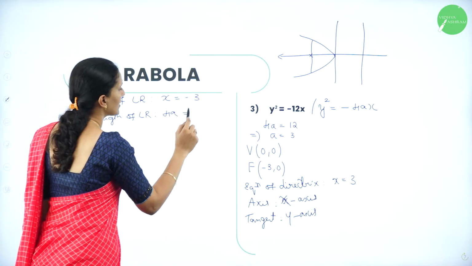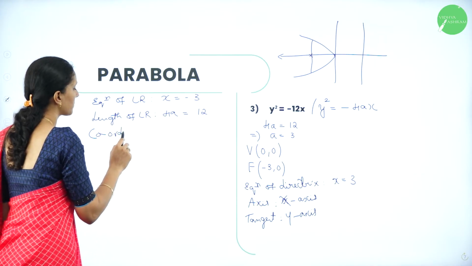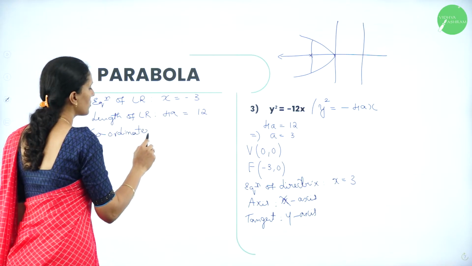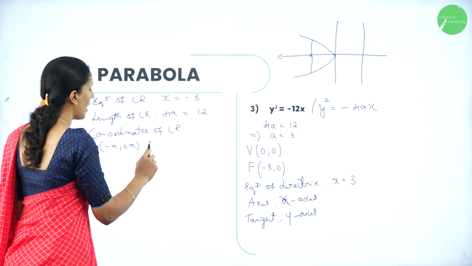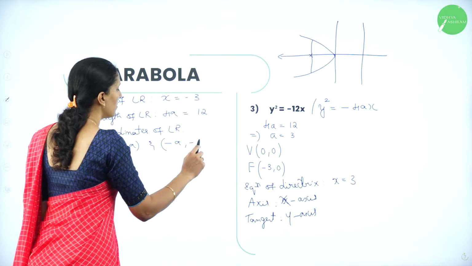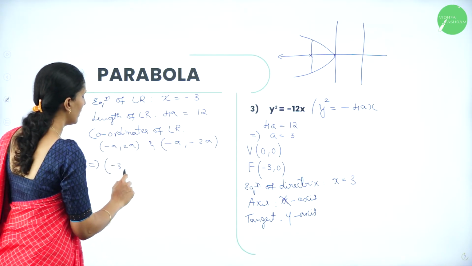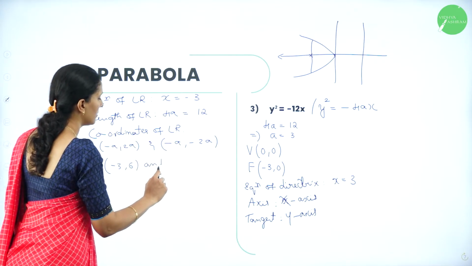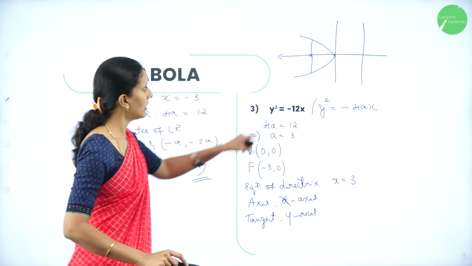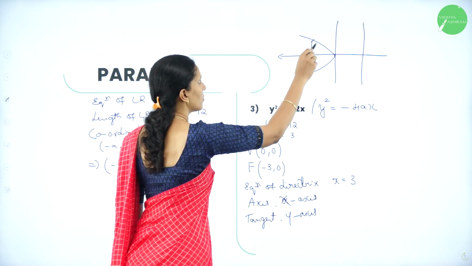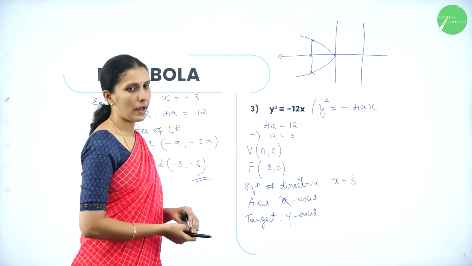So here 4a is equal to 12. Next, coordinates of latus rectum. Here (minus a, 2a) and (minus a, minus 2a). So a is equal to 3: (minus 3, 6) and (minus 3, minus 6). So these are the coordinates of the latus rectum. So this is clearly the left side of the parabola.